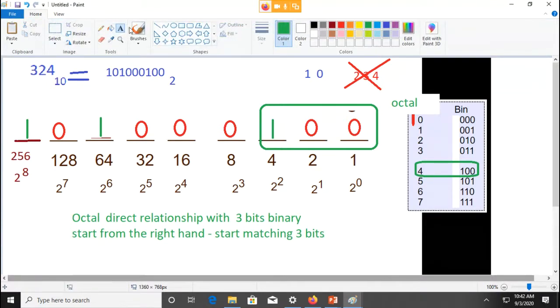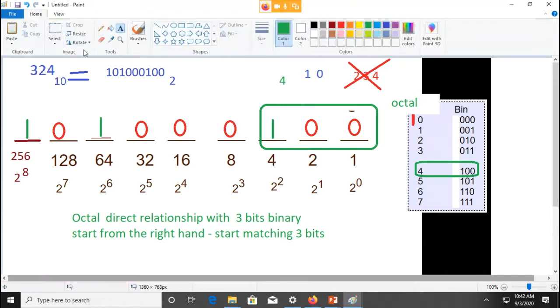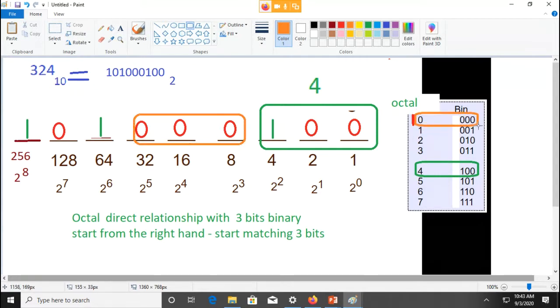So the first number here in octal is a 4. Then we're going to take the next 3 bits and match those, and that's just, of course, 0.